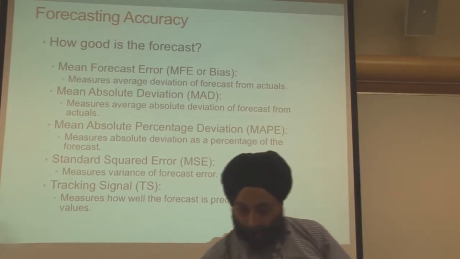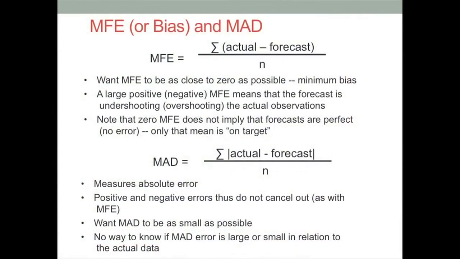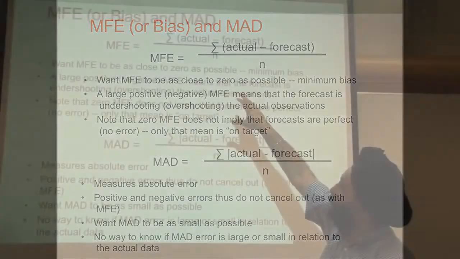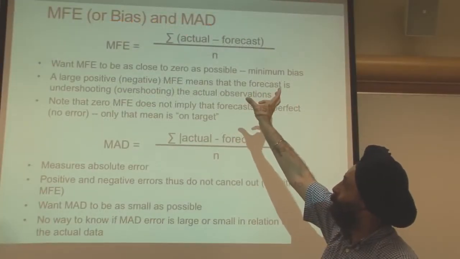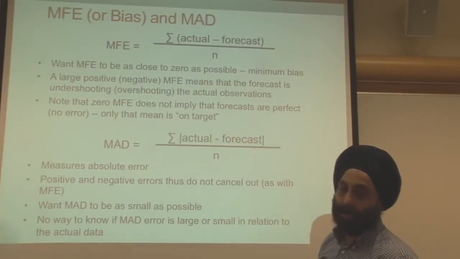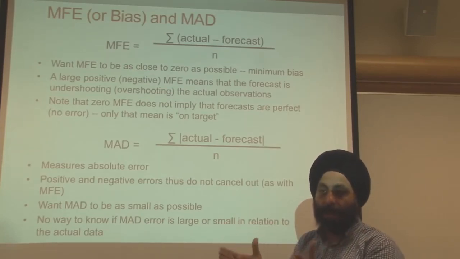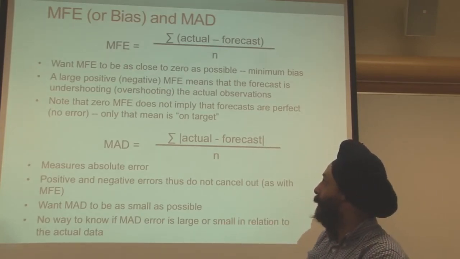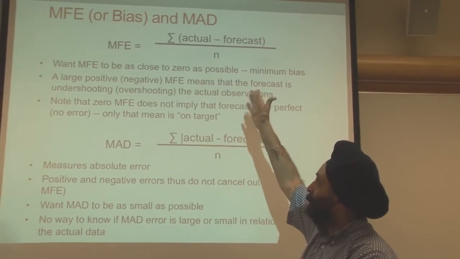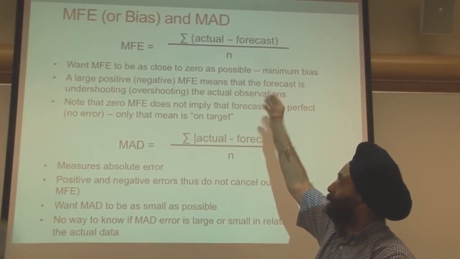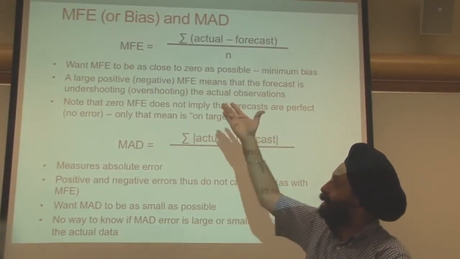Now, in terms of MFE or bias, it is the sum of all the differences, the true forecast error, actual minus forecast, which will give you the deviation, whether it's positive or negative. And taking that cumulative number and dividing by n will give you the mean number.